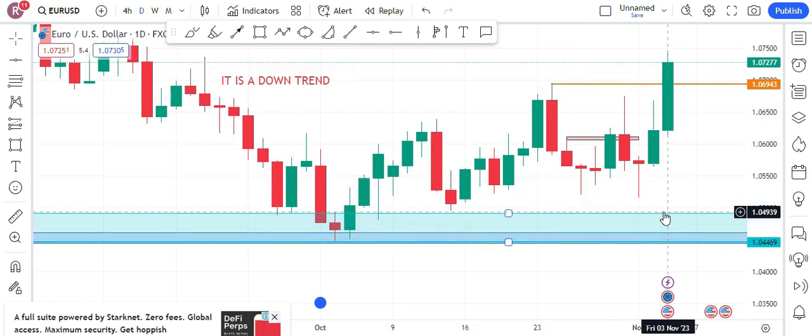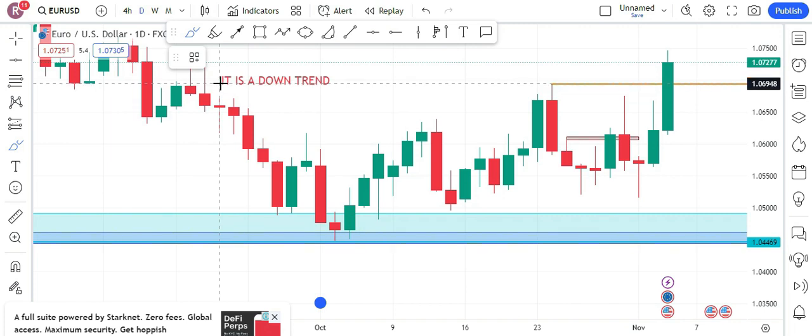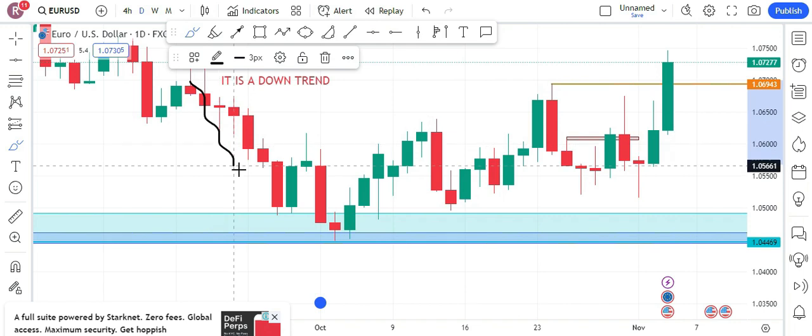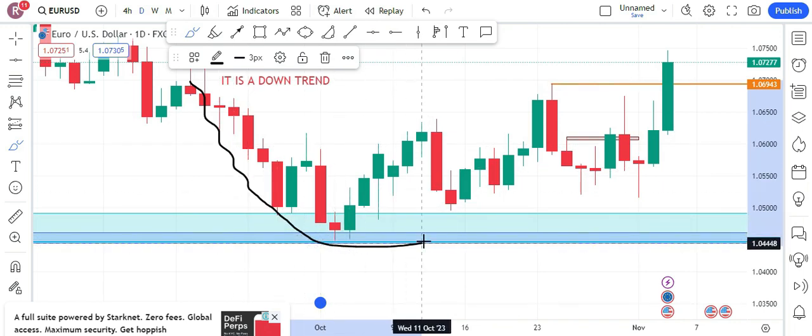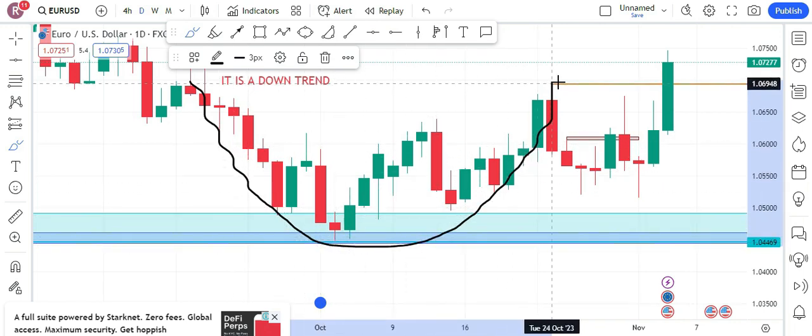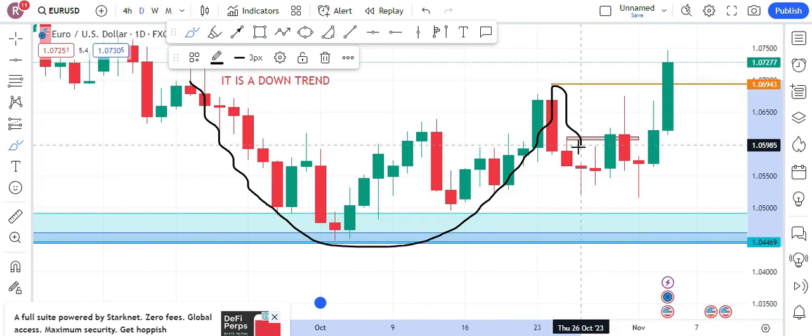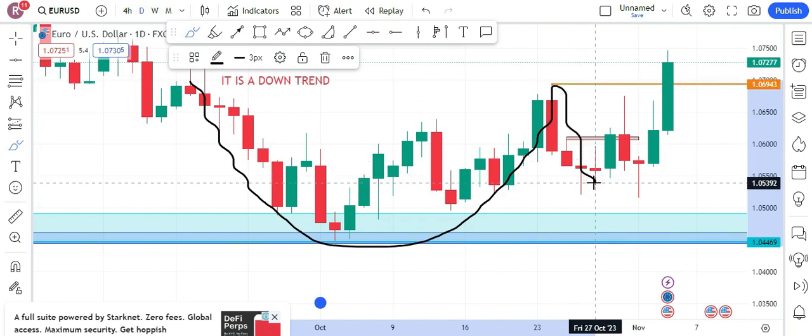I beg your pardon, 1, 2, 3, 4, 5. A little bit of glitch in my drawing. Let me draw it properly. This is the cup, I can say, and this is the handle. Please ignore my inefficiency in drawing.